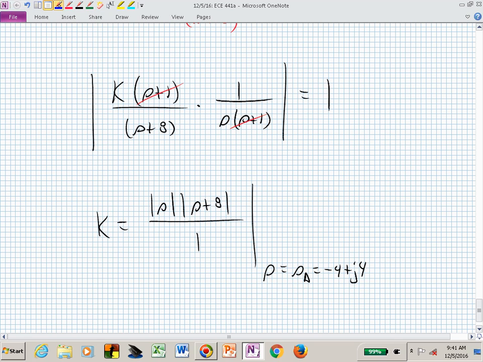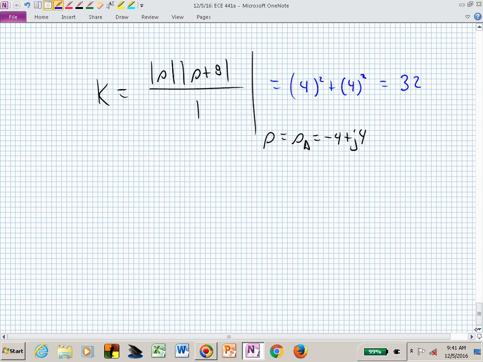So now we have this equal to the magnitude of s, which is the square root of 4 squared plus 4 squared, times the magnitude of s plus 8, which is also the square root of 4 squared plus 4 squared. So when I multiply those together, I end up just with 4 squared plus 4 squared, which is 32.